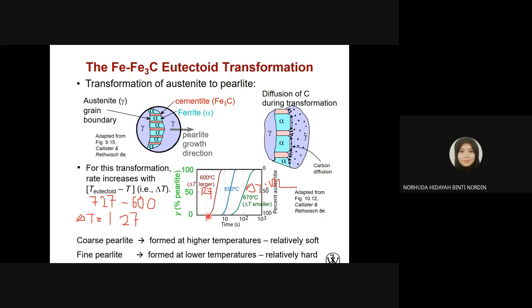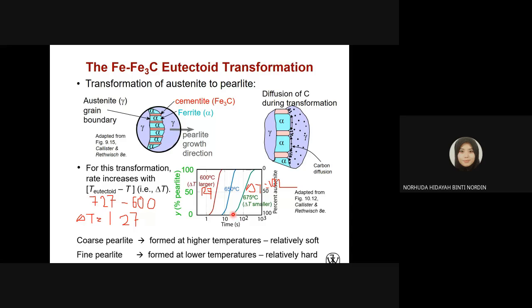Here at lower temperature, 600, you will get fine pearlite because the nucleation is very fast, and at 1 second, the nuclei have already grown. So the nuclei don't have time to grow very big. That's why you get fine pearlite.